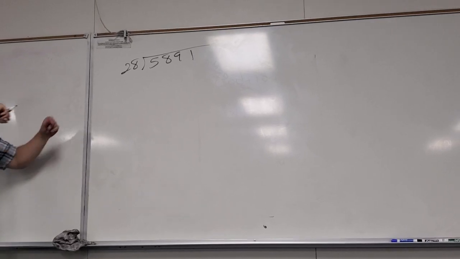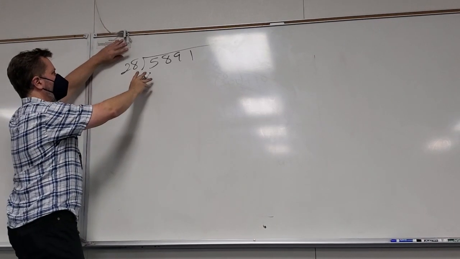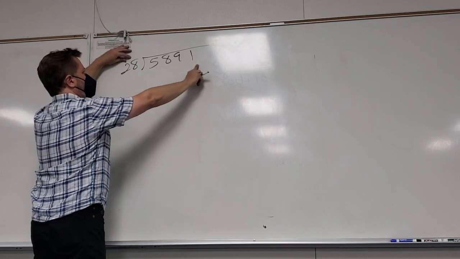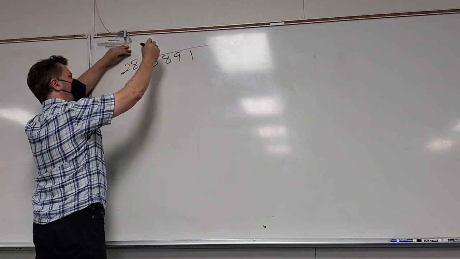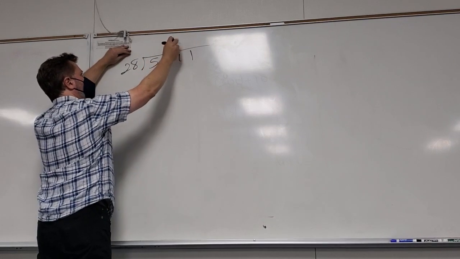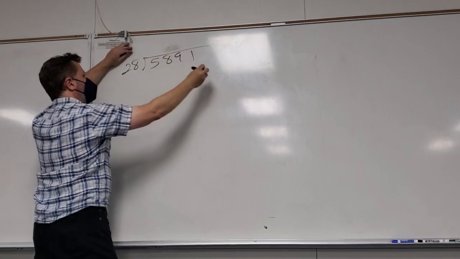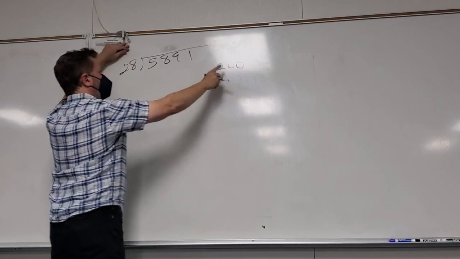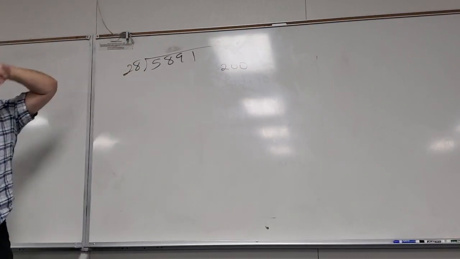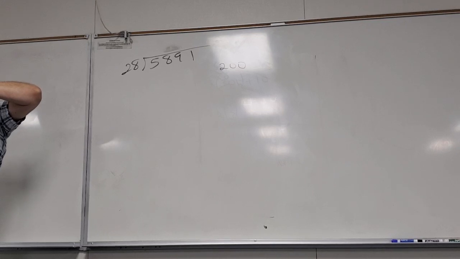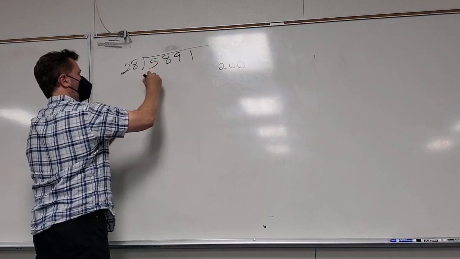So let's see. Think about 30 into 6,000. How many 30s are there in 6,000? 200. So let's put 200 here. What's 200 times 28? What's 2 times 28? 56, so it'll be 5,600, right?